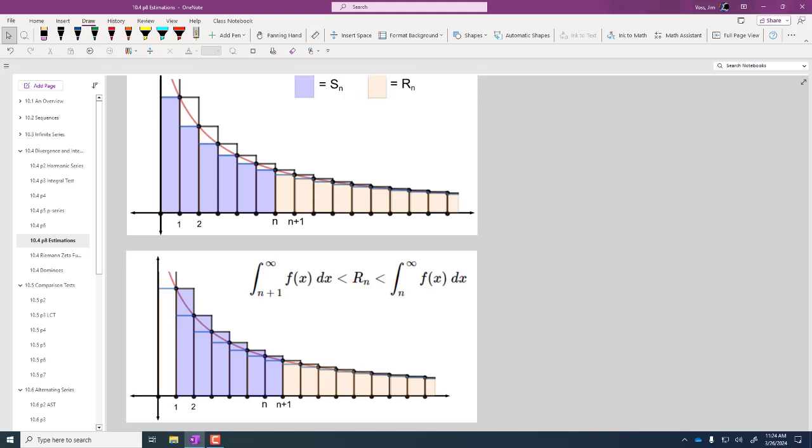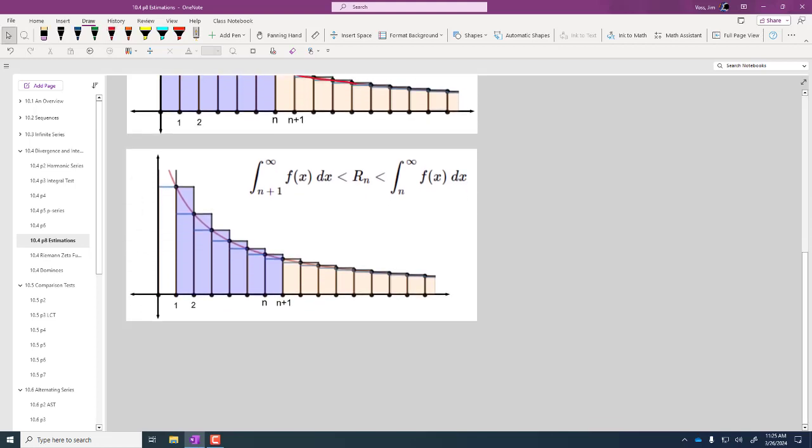So R sub n, we're going to put it in the middle, and it's going to be less than the integral from n to infinity. The integral from n to infinity is grabbing all the way under this curve, right? And that R sub n is smaller, right? It's under the curve. So it's smaller than the integral from n to infinity. But if we look down here, there's the curve going through those points.